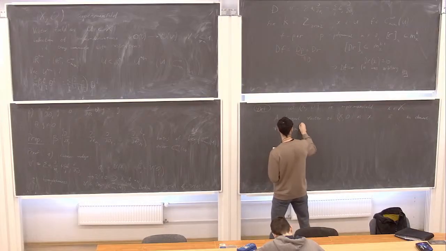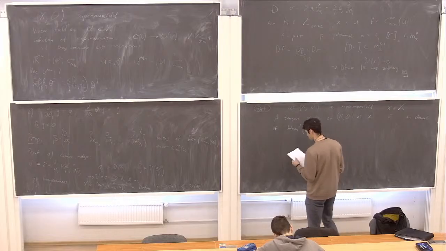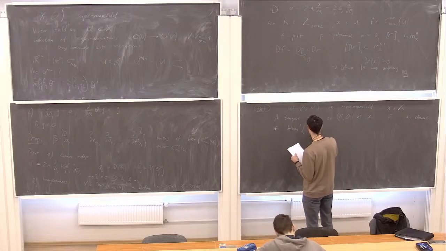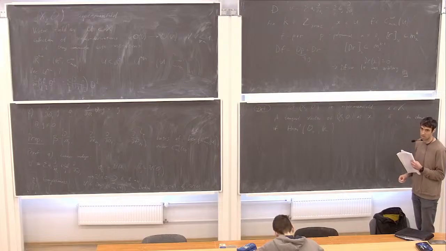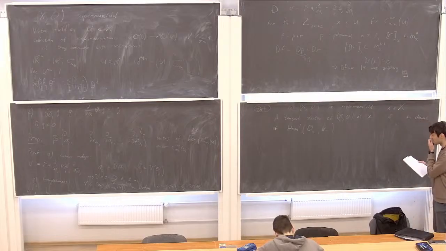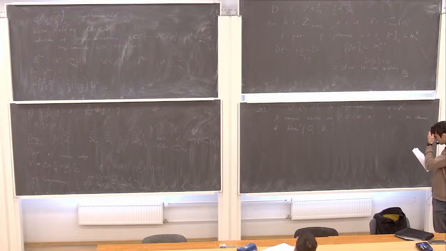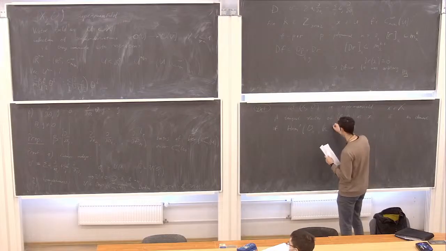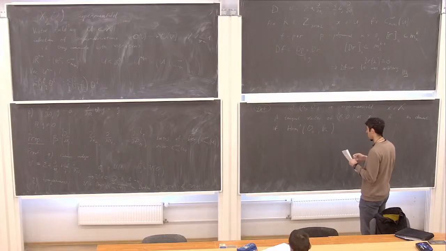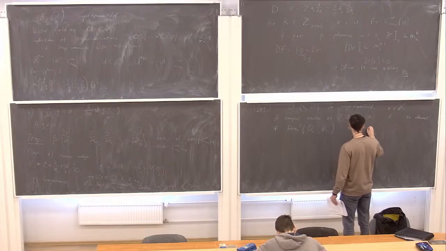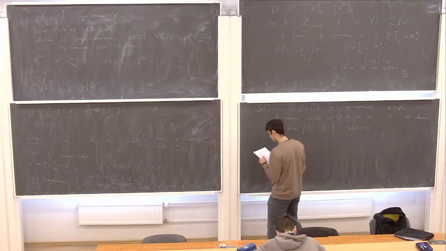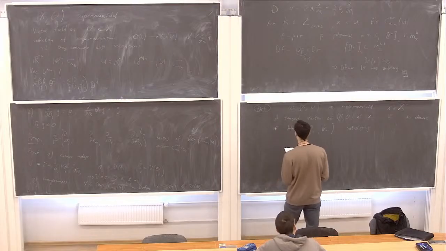So it's a linear map over R, but from O_X to my field K. So it doesn't respect the degree, because I have the prime here, but it needs to satisfy the following variant of the Leibniz rule.